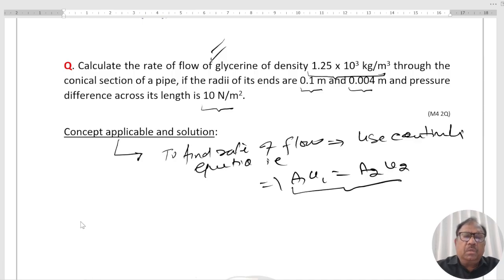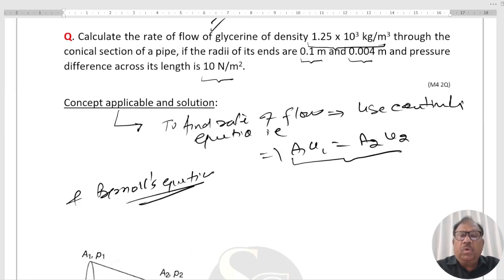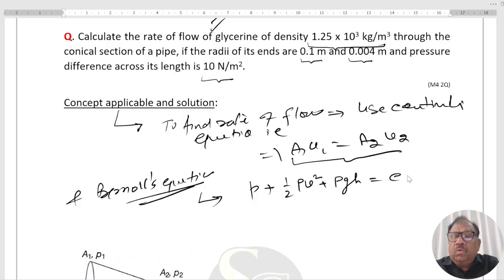And also Bernoulli's equation to find the velocity. According to the Bernoulli equation, pressure energy P, pressure energy per unit volume, plus half rho V square plus rho gh equal to constant. We have to use these two concepts.